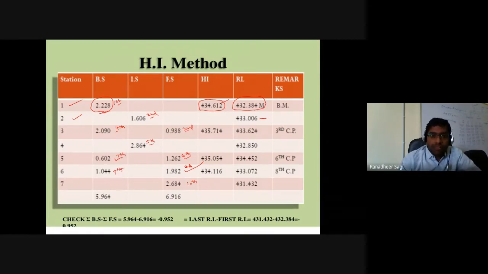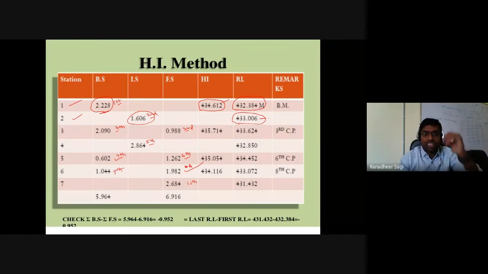And from that height of the instrument value, I am going to subtract 1.606 meters. So 434.612 minus 1.606 will give you 434.006. That is going to be your RL value at the second point. Next, the RL value at the third point, the third location where your leveling staff is placed.